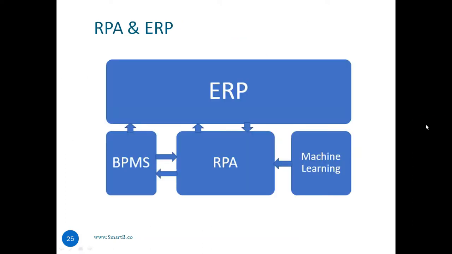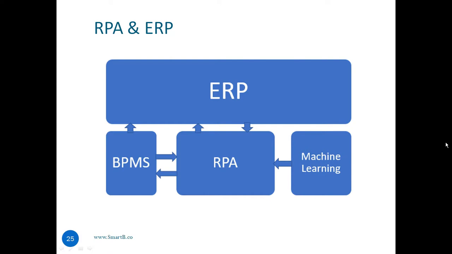Now, if you understand that, then you understand how RPA can work with business process improvements combined with other ERP, either warehouse management systems, either freight forwarding systems, or any form of local systems. And RPA works very, very closely with it, and potentially in the future come out with machine learning's capability.